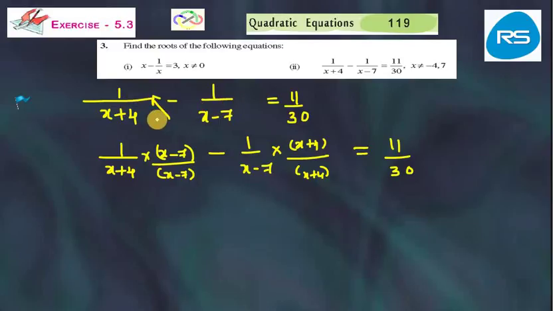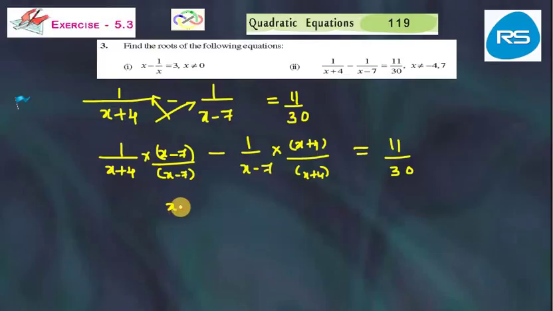1 with x minus 7, 1 with x plus 4, by this denominator into this denominator. That also can be done. But this is very simple, I think. So follow whatever you feel.